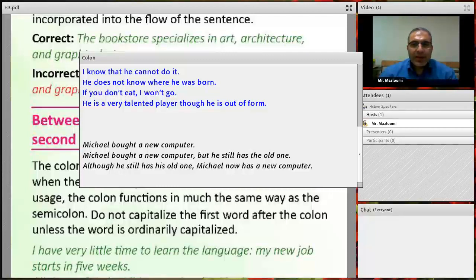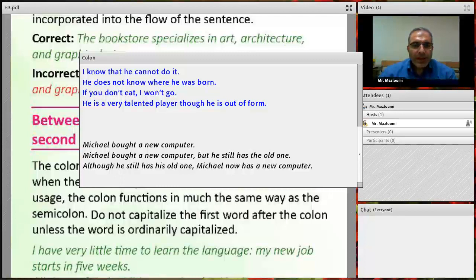Everyone, here we have two clauses. I can't cook very well is our first clause. And I make quite good pancakes is our second clause.